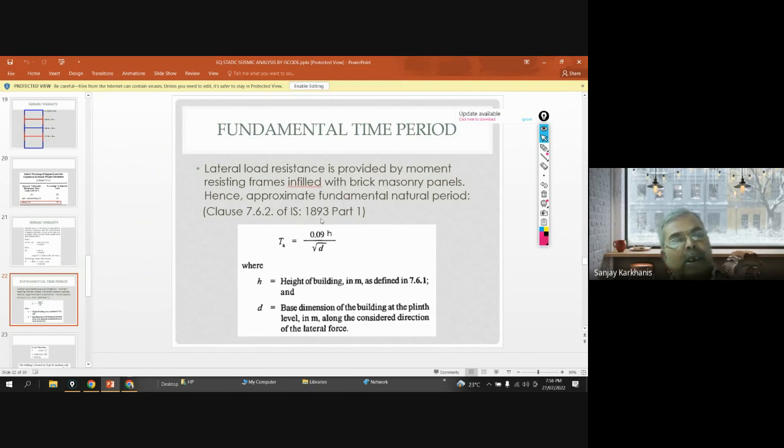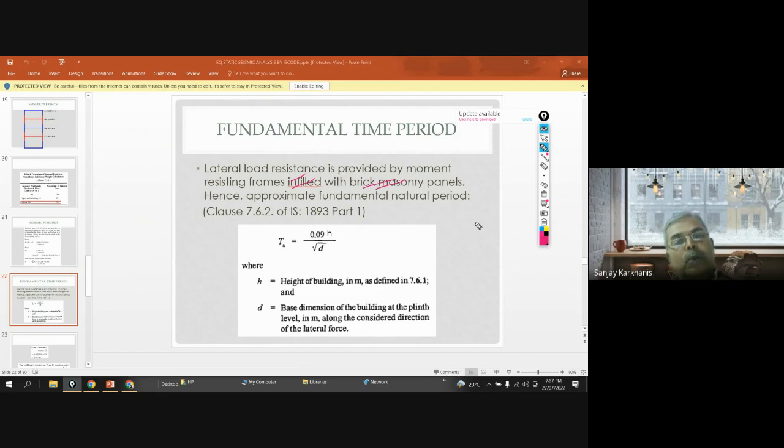Now IS 1893 says that if it is infilled with brick masonry panels, then you have to use this formula as empirical formula. And if it is a bare frame, does not have any infilled brick masonry, so only a bare frame, that you can say that if you are going for a water tank, elevated water storage tank, it has a frame only, and then on top there is a water tank.